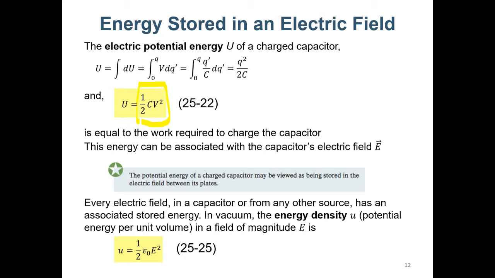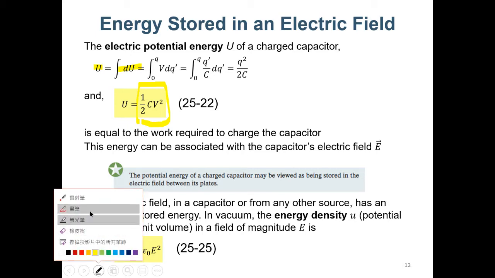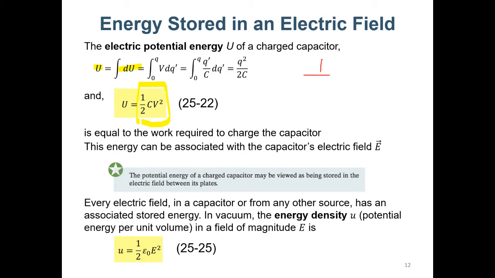So actually we use a simple integration, U equals the integration of dU. At the very beginning, the capacitor has no charge, and then you try to put more and more charge on the plate, of course one positive and then another negative.